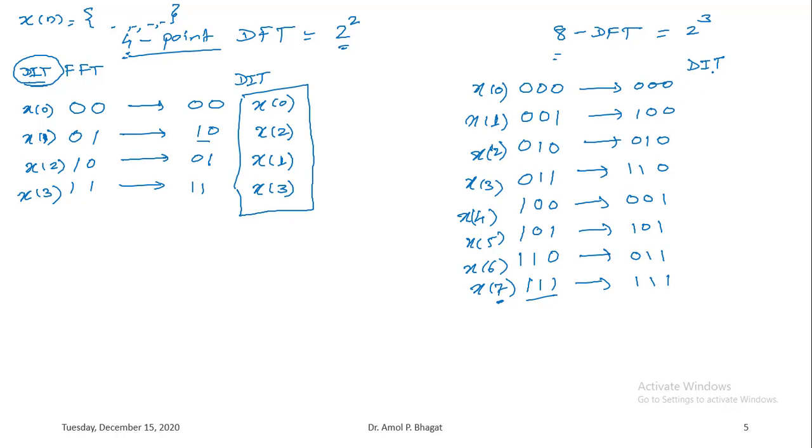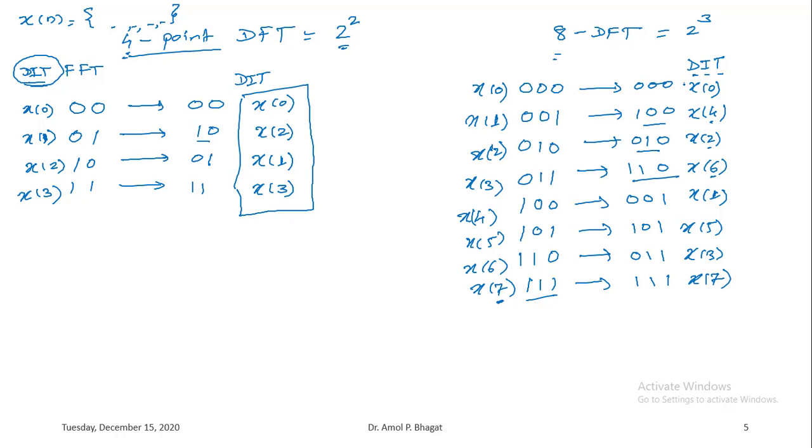So your input will be in this order, that is, the first sample will be x of 0, second will be x of 4, third will be x of 2, then this is x of 6. As per decimation, this is 2, this is 4, this is 6, then x of 1 will be there, then x of 5, this is x of 3, and then x of 7. So the input will be applied in this order.